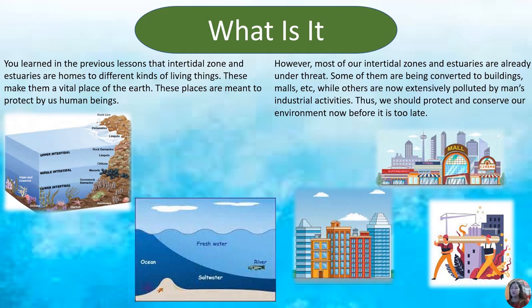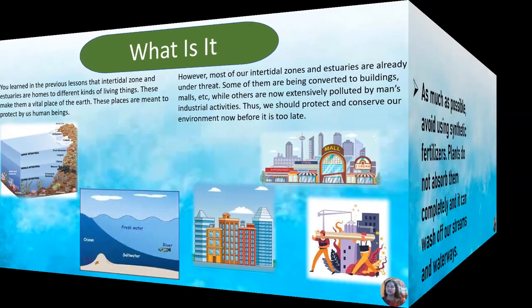Some of them are being converted to buildings, malls, and others, while others are now extensively polluted by man's industrial activities. Thus, we should protect and conserve our environment now before it is too late.